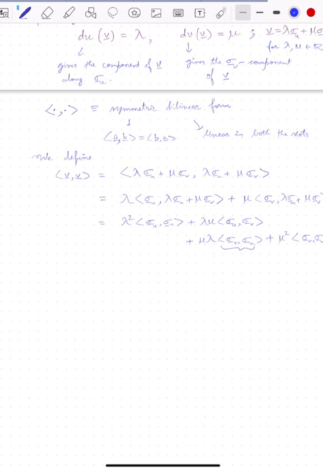So this is the same as sigma u, comma sigma v. So which means that we can write it in a more compact form as lambda squared sigma u, sigma u, plus 2 lambda mu sigma u, sigma v, plus mu squared sigma v, sigma v. So there it is, right?